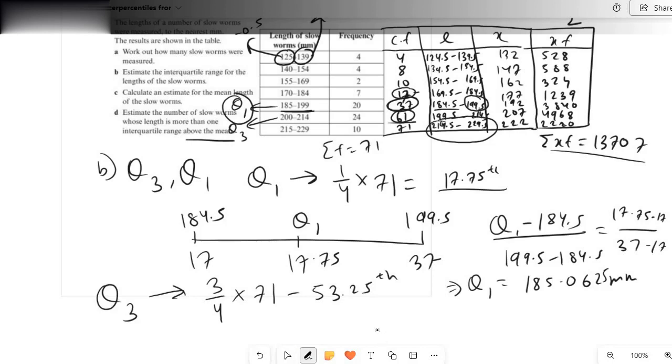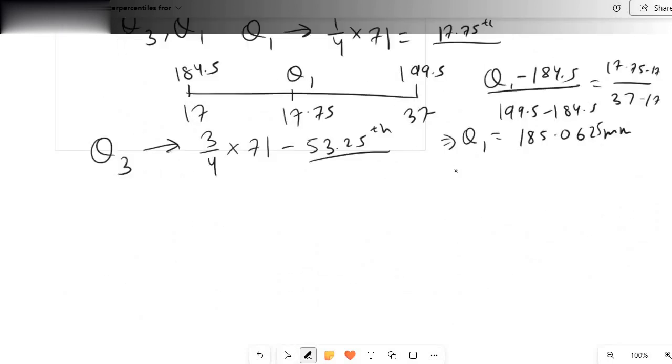Taking the cumulative frequency from the table, we can see that 53.25 is right before 61 and after 37. So the upper quartile must lie within this class 200 to 214, and we will use the corrected one. Lower boundary is going to be 199.5, and the upper boundary is going to be 214.5 just from the table.